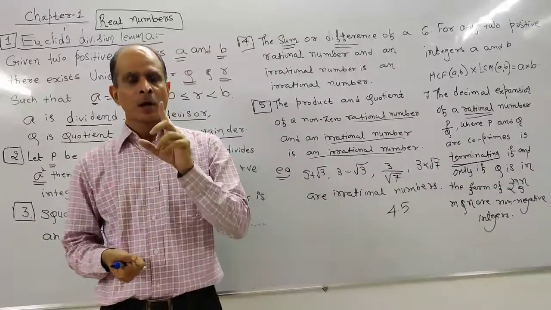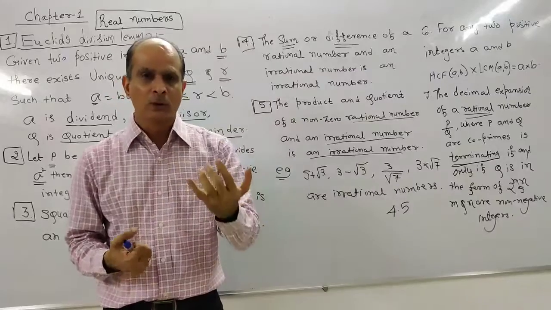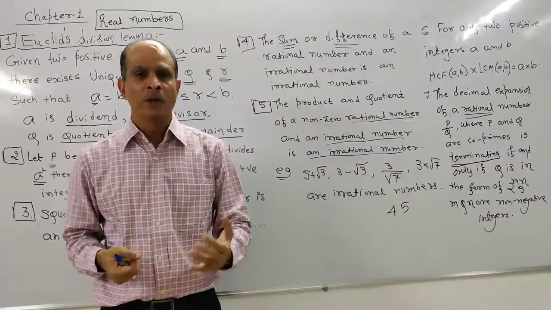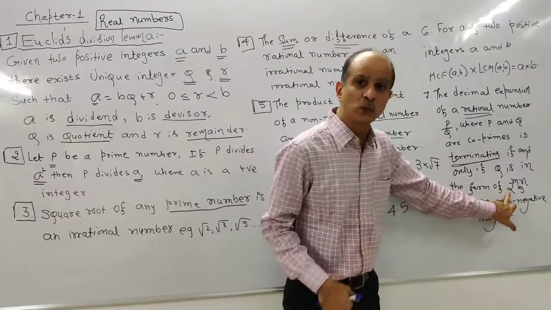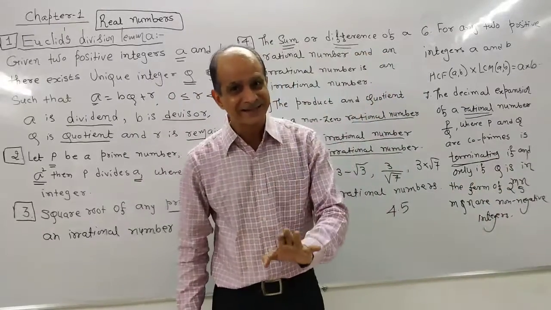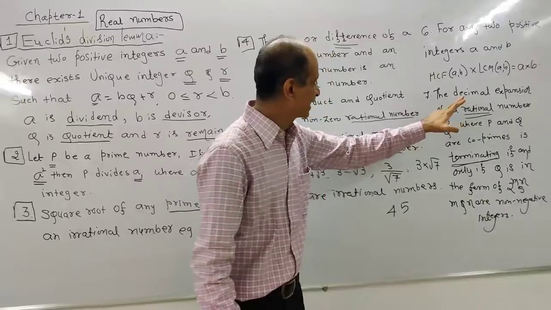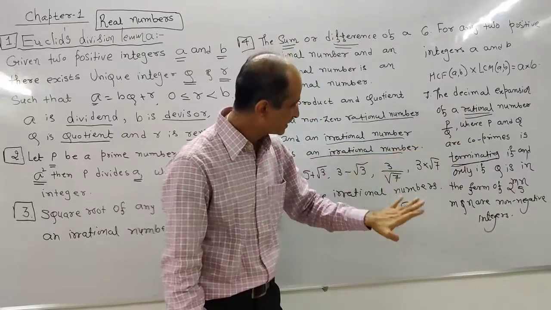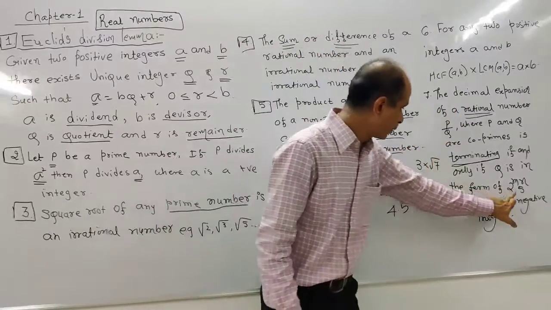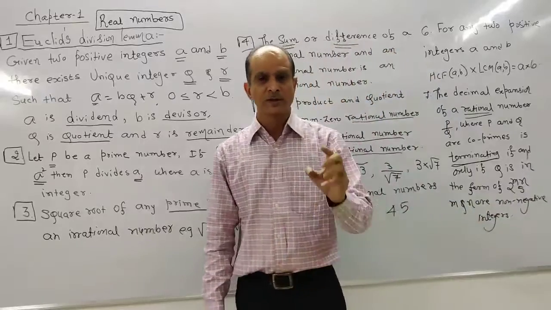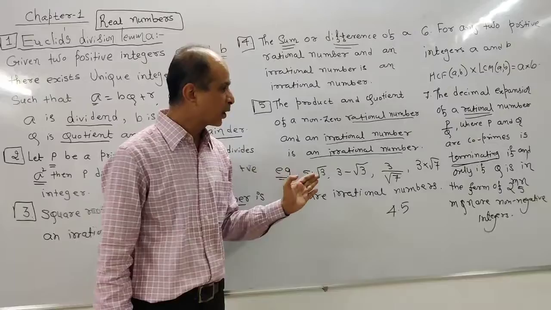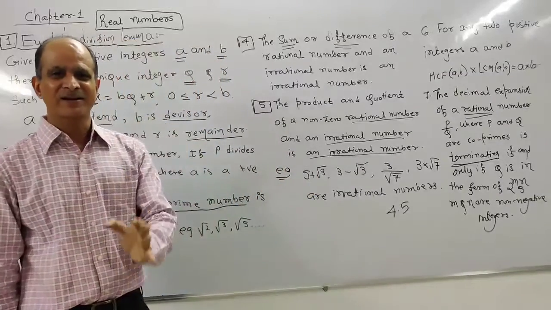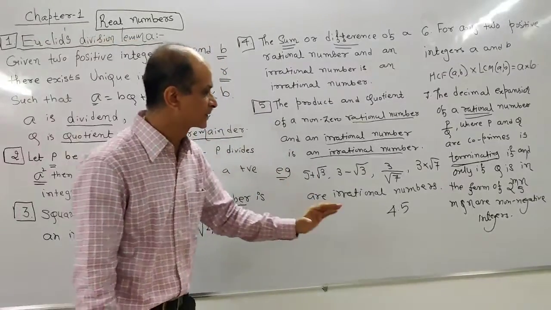Second one, analyze Q or factorize Q. If the factors of Q are in the form of 2 and 5, then its decimal expansion is a terminating decimal expansion. If the denominator, means Q, is not in the form of 2 and 5, then it is not a terminating decimal expansion.